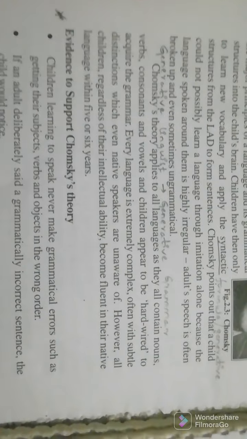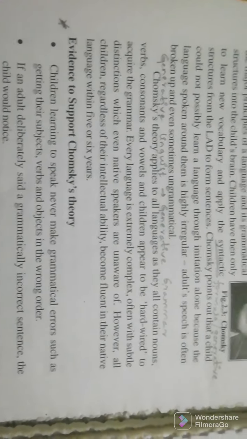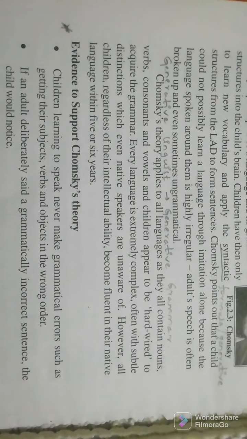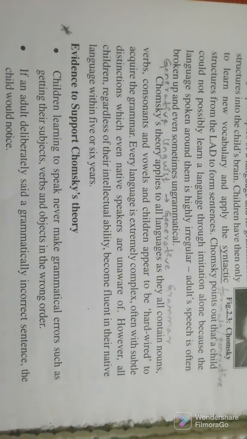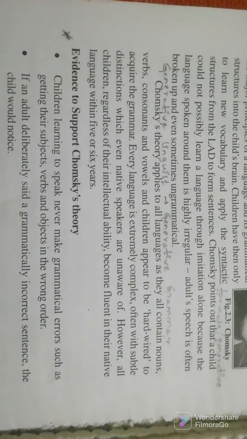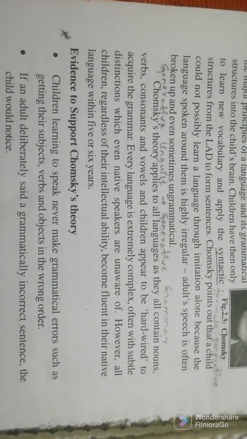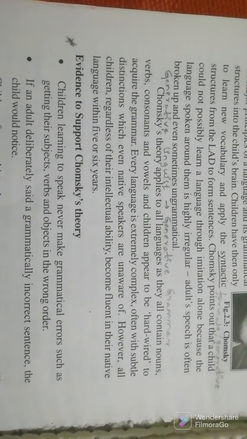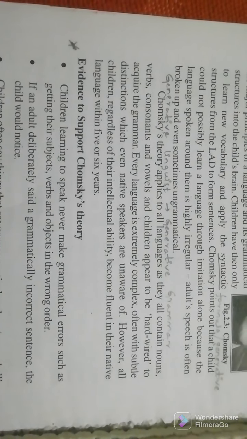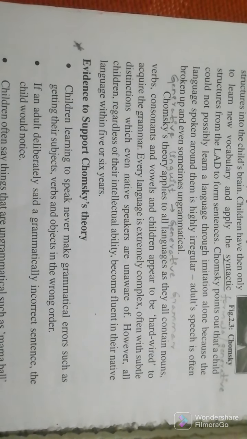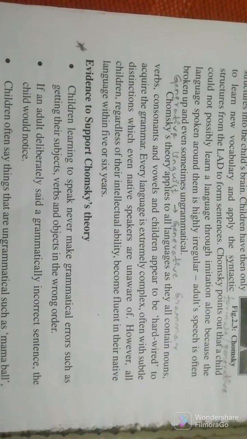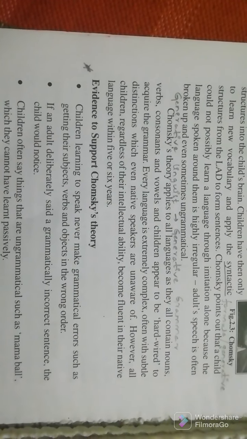Every language is extremely complex, often with subtle distinctions which even native speakers are unaware of. That means in a language some different words are also present, which even native speakers are not aware of.